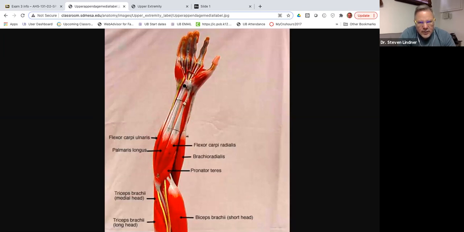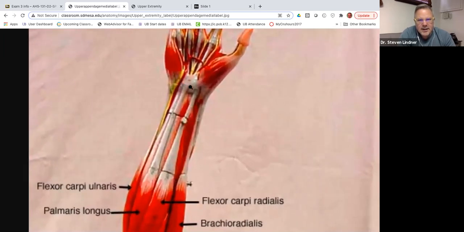and it's going to cross, let me zoom in here, this tissue running transversely that looks gray and has a few names. One name is the volar ligament. The other name is the transverse carpal ligament.